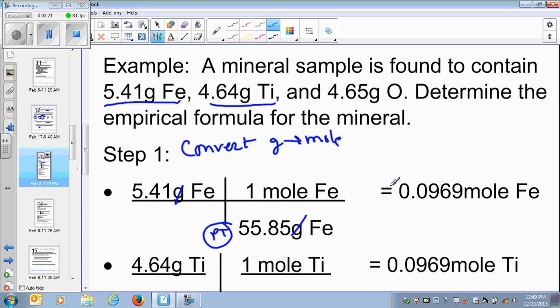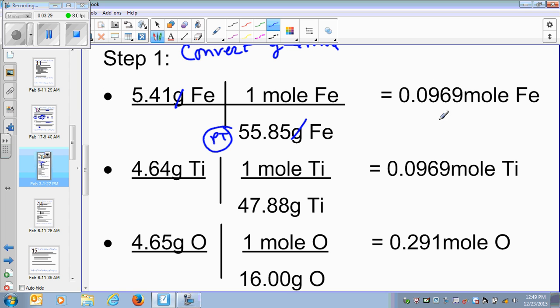Grams get cancelled. So I get the moles of iron, the moles of titanium, and the moles of oxygen. By doing these three, I have the moles of all three of them. My first step is to divide by the molar mass to get the moles.